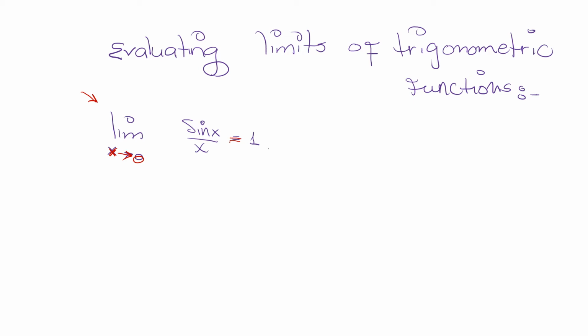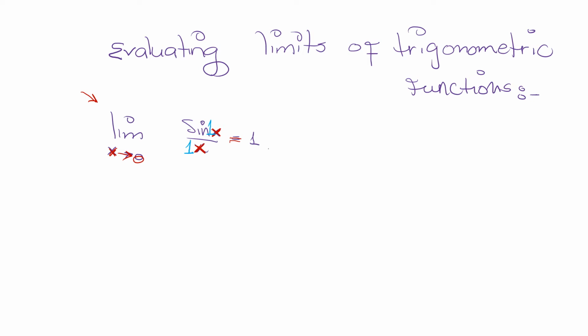So what have you observed? That in the angle x is written and in the denominator also x is written. The coefficient of the angle is 1 and the coefficient of the denominator is 1. It means that if the coefficient of both angle and the denominator are the same, and sin x and x is written as a function, then the whole answer is equal to 1.